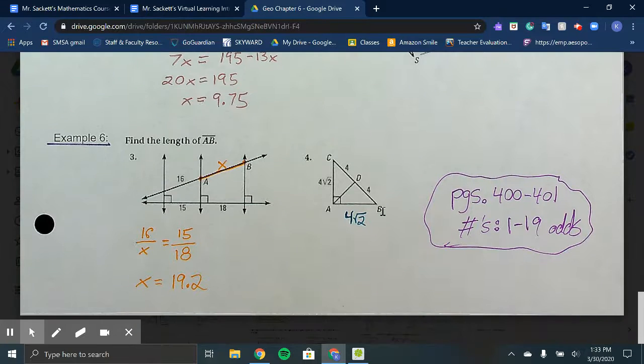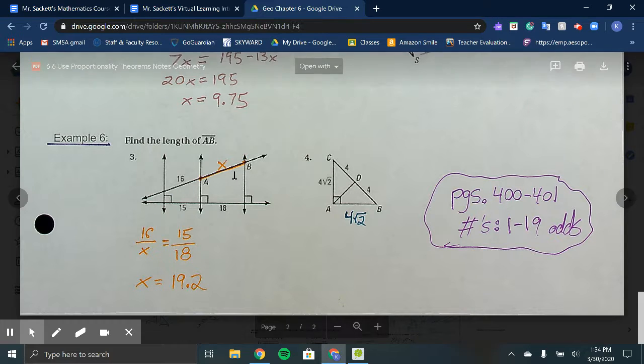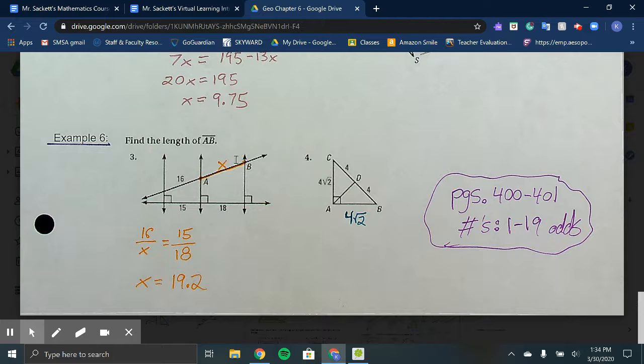And then the last example for this lesson, example 6, asks us to find the length of AB in both of these examples. So in example 3 here, we have AB, the missing segment here, just made it into the variable of x.